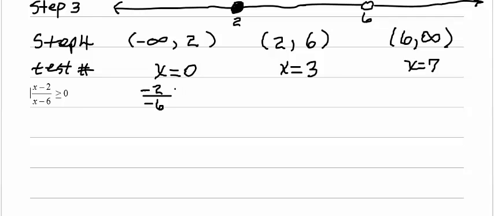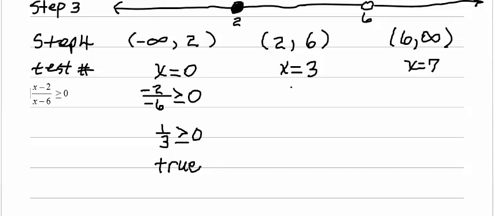And the inequality becomes negative 2 over negative 6 greater than or equal to 0. So negative 2 divided by negative 6 is actually positive 1/3. So the inequality when x is 0 becomes 1/3 greater than or equal to 0, which is true. So that essentially means all the numbers in this interval, all the numbers smaller than 2, make the inequality true.